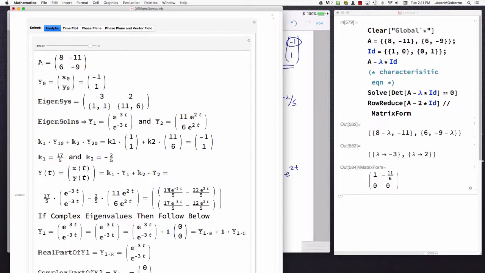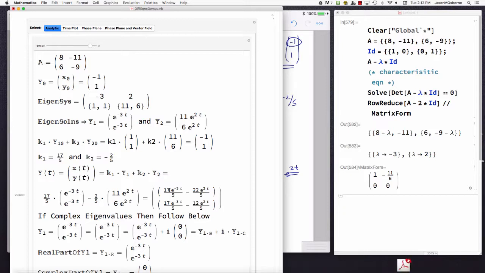The result is still the same in the long term: you started at -1 and then the solution goes up to infinity. Y starts at 1, and as t gets bigger, this term goes to 0, but this e to the 2t causes the solution to go, in fact, to negative infinity because of the minus sign here. So the solutions will go down this way and down this way.